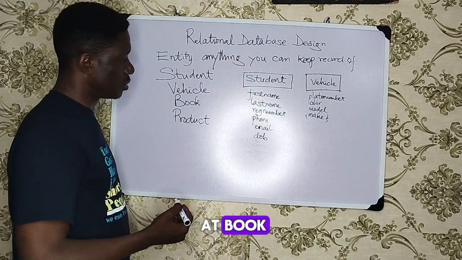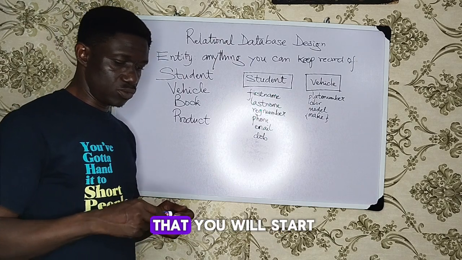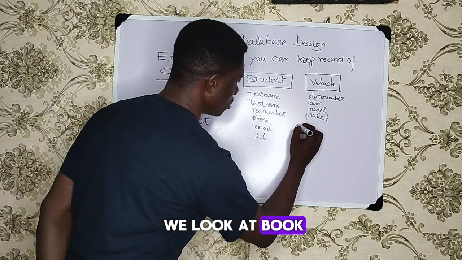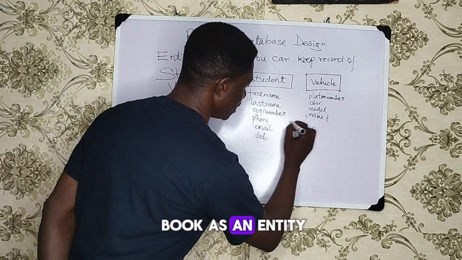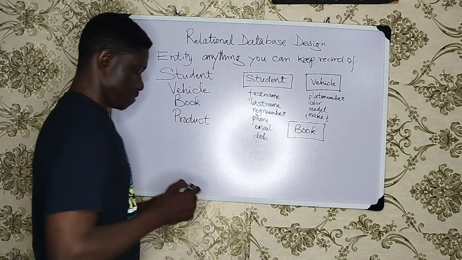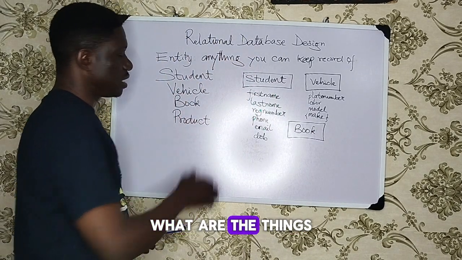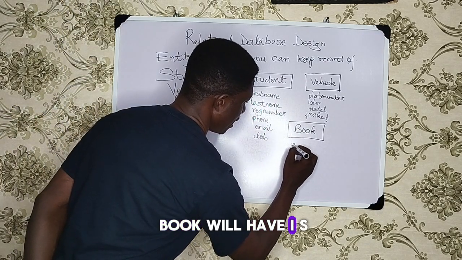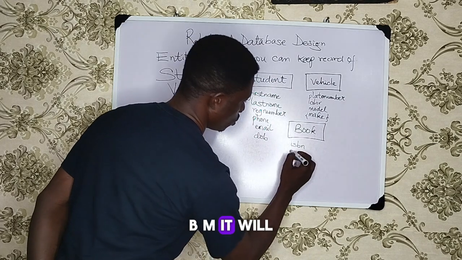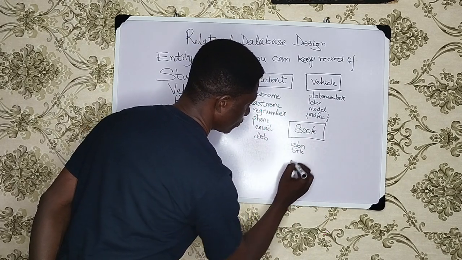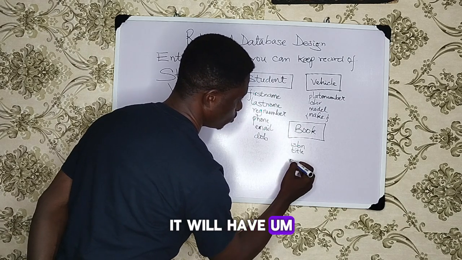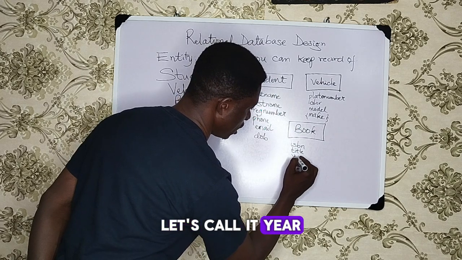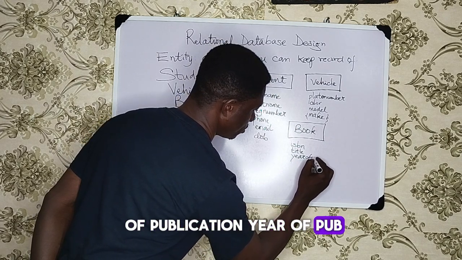Now, if we look at book, I want you to get it clearly so that you will start modeling your own data. If we look at book as an entity, represent it with a rectangle, then what are the things you can use to describe a book? You can say the book will have ISBN, it will have title of the book, it will have publication, let's call it year of publication, year of pub.